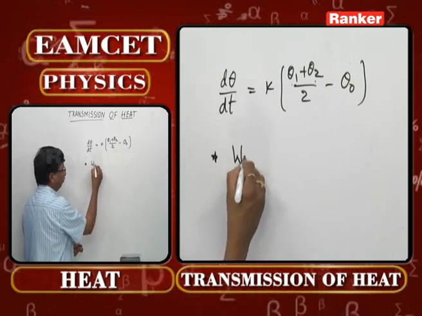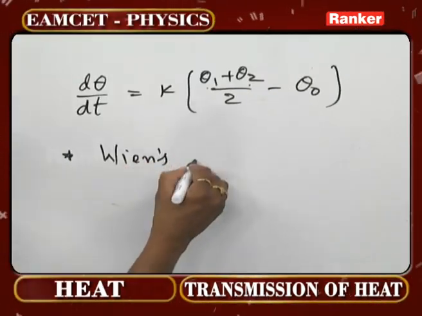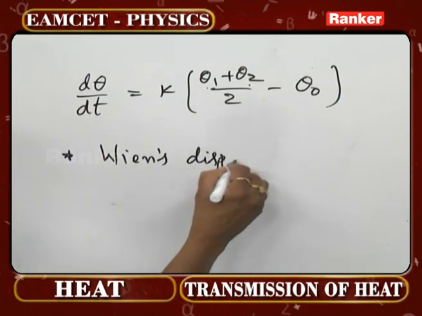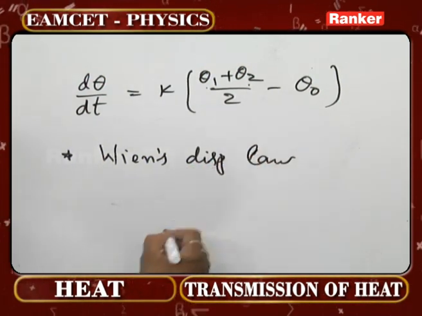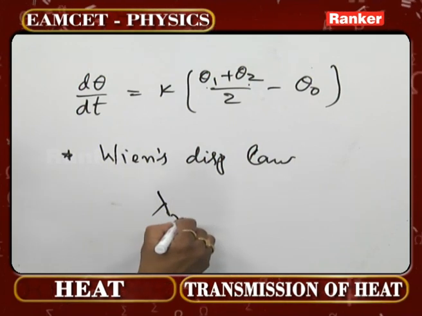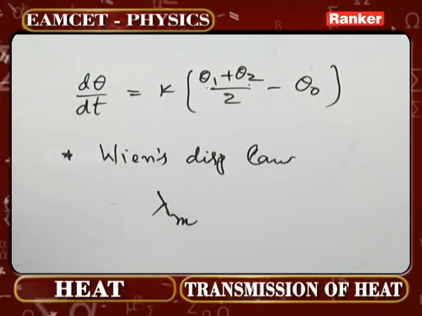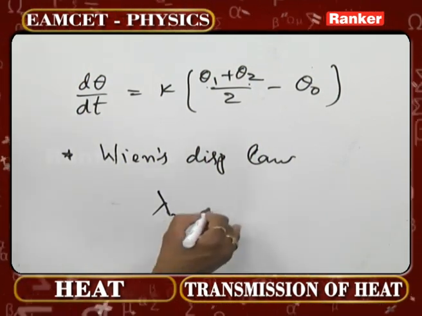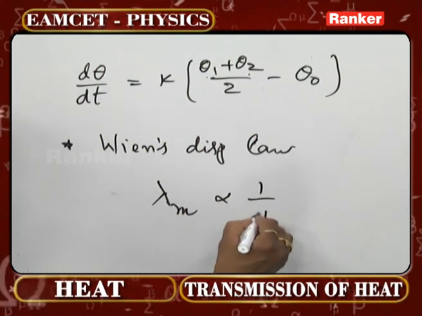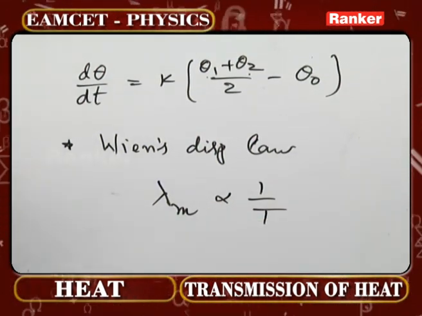We have Wien's displacement law also. What does the displacement law say directly? This lambda corresponding to the maximum intensity of the emitted radiation is inversely proportional to the absolute temperature of that particular body.